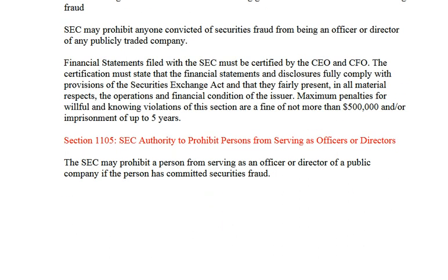The SEC may prohibit anyone convicted of securities fraud from being an officer or director of any publicly traded company.